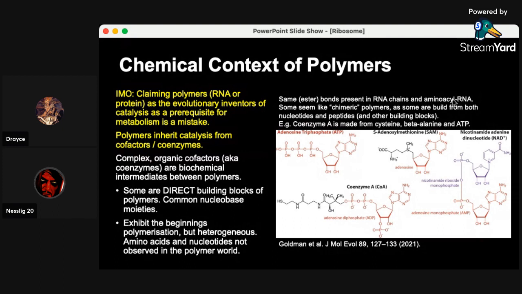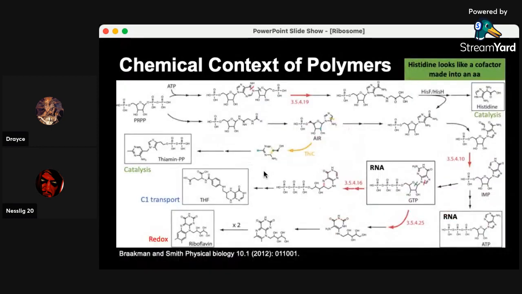It misses the T, but it should be tRNA. Yeah. And I think Morowitz has called them chimeric polymers. Basically the beginnings of polymerization, but not in a very clean way, that became later. So it's another argument for why cofactors and coenzymes preceded the polymers that we know from RNA and proteins.